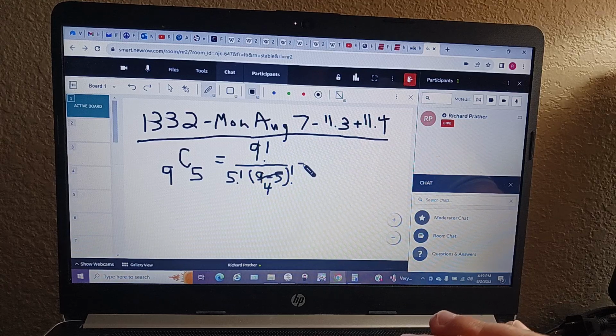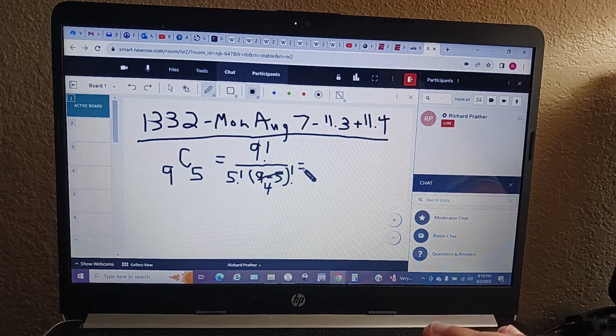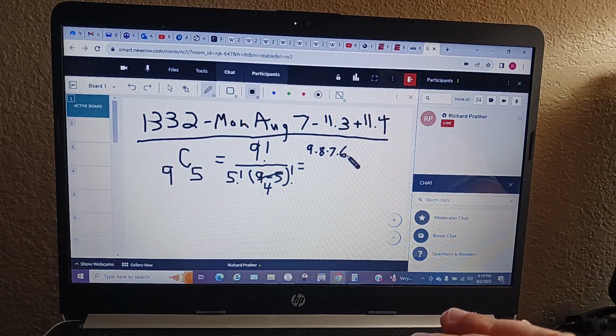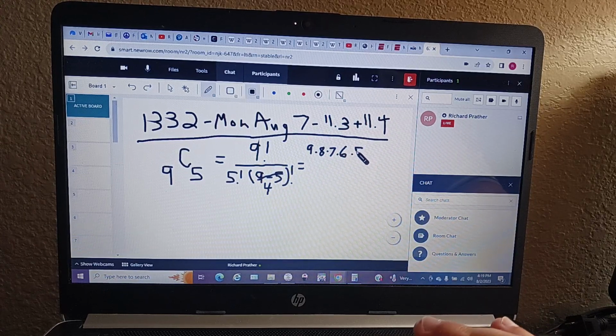And you may remember in permutations that there was a shortcut to doing this too. I'll show you that in a second here. But if you were calculating this out, the 9 factorial would be 9 times 8 all the way down to 1. But just like with permutations, some of it's going to cancel out with the bottom.